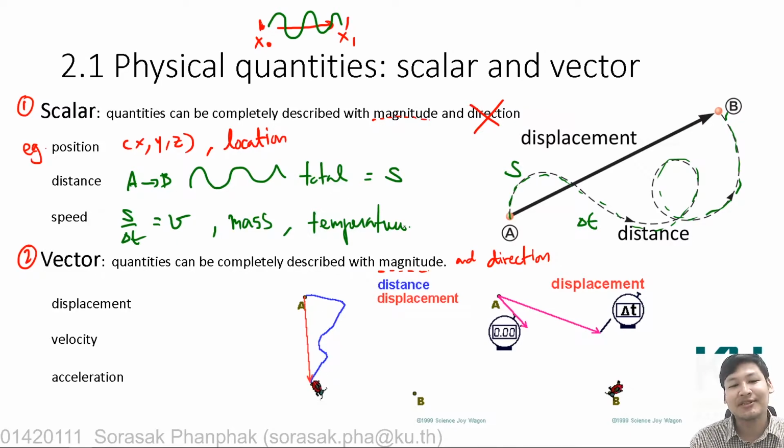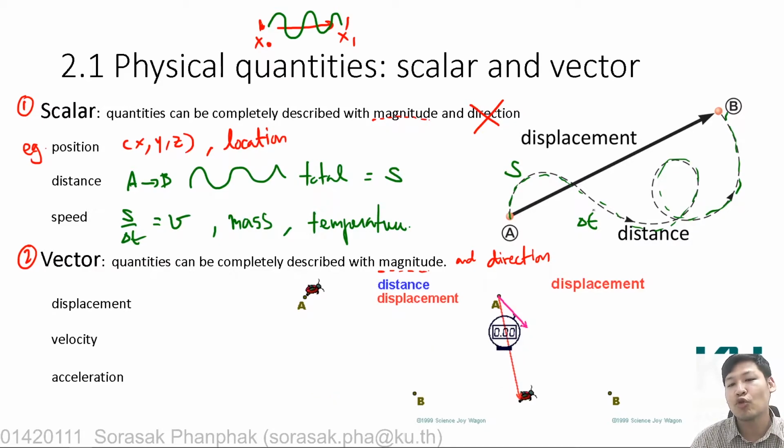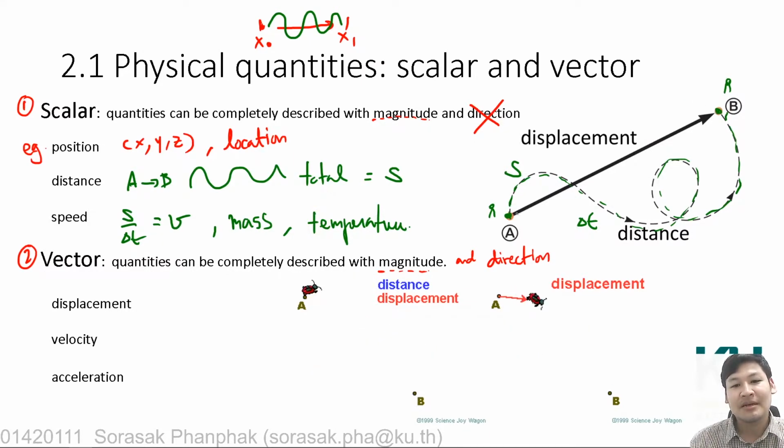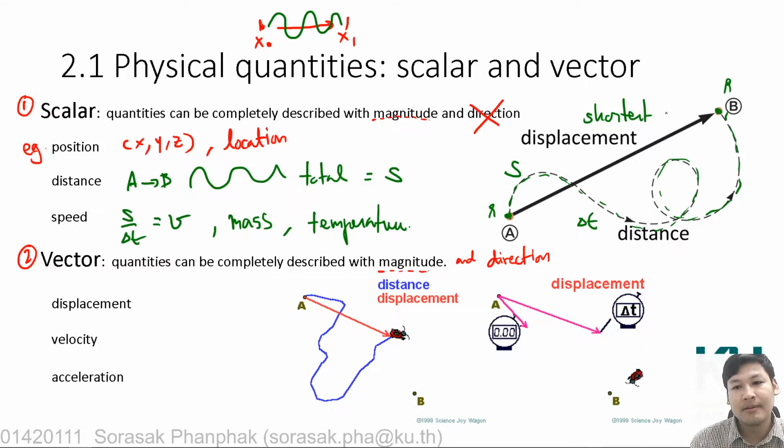So how about vectors? For a vector, you require both magnitude and direction. One example is displacement. When we say distance is the total path that you move from point A to point B, right? But if you count only from the initial point to the final point, the shortest distance, the black arrow represents the shortest distance. We call this the displacement, right?